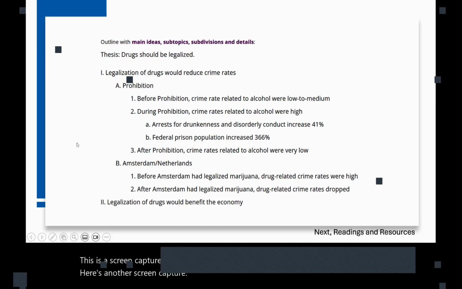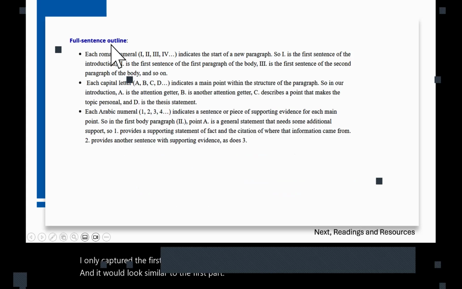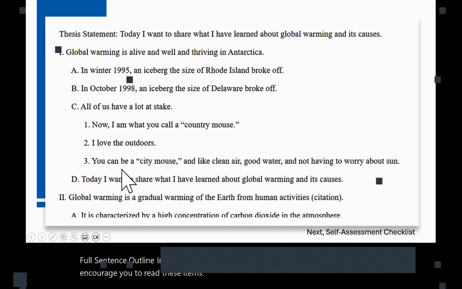I only captured the first part of it, but you can see the second part, and it would look similar to the first part. Full sentence outline, information. If you're going to do a full sentence outline, I encourage you to read these items. Example.